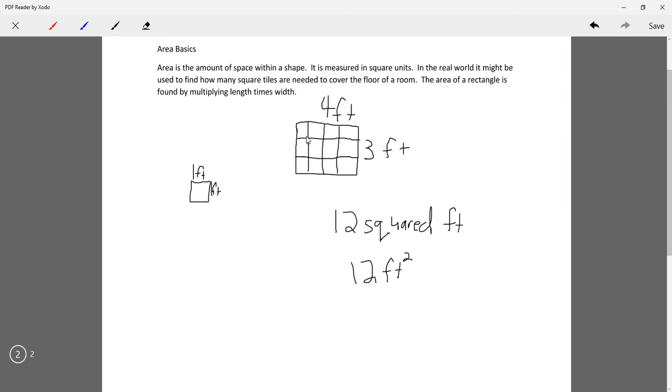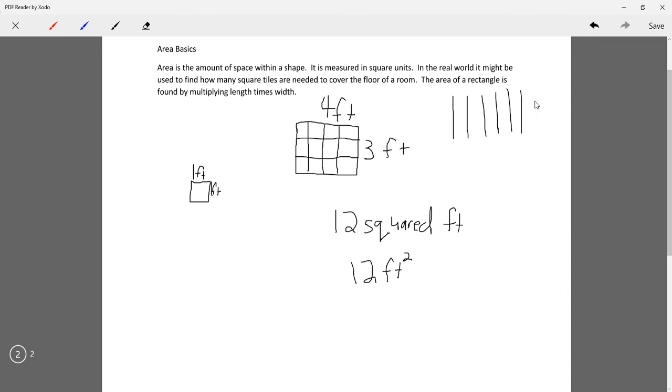So that's why the answer is always going to be in squared feet, because when we're talking about area, we're not just talking about one dimension. We're not just talking about a line. You can't just put 12 rulers or something, right?